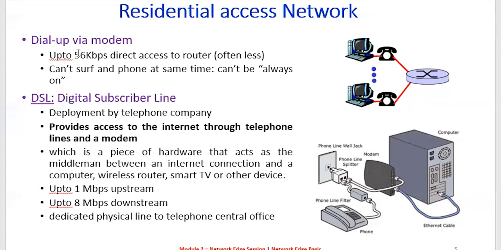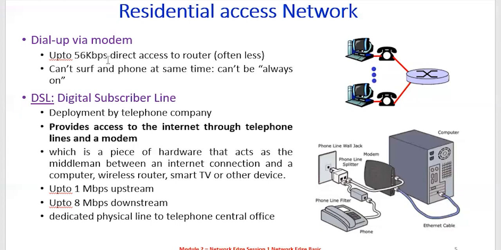So in dial-up via modem, using the existing telephone network and introducing a small modem, we are able to bring in the internet. It was able to offer up to 56 kilobits per second direct access to routers. All the values I mention in this video regarding data rate are standard values.